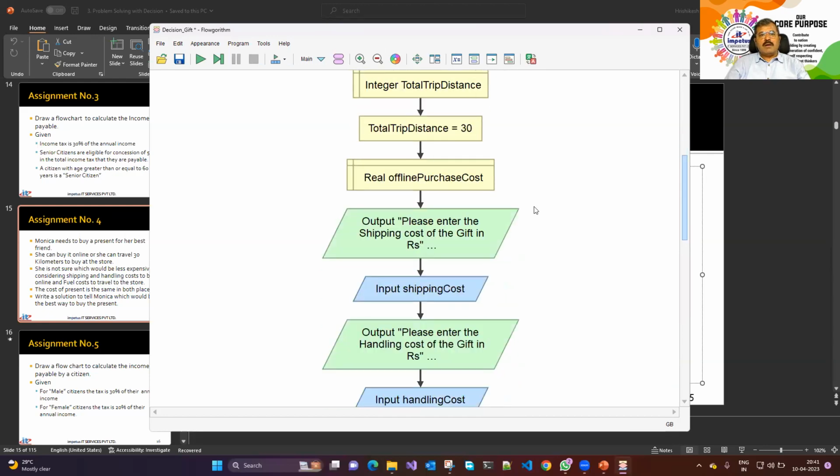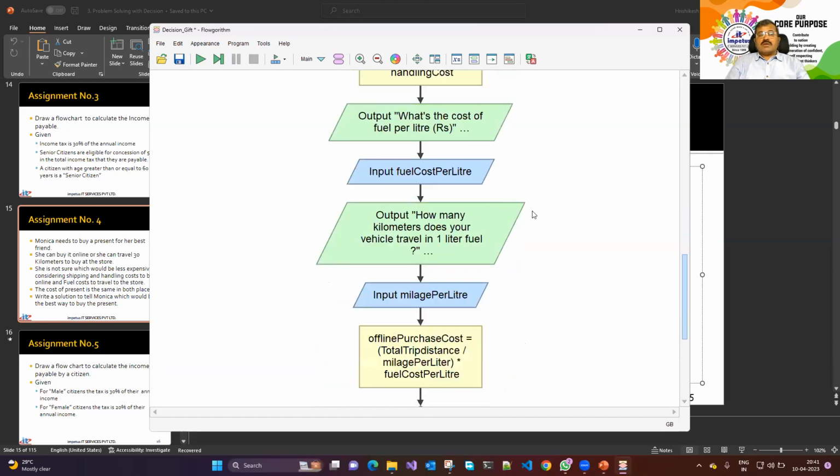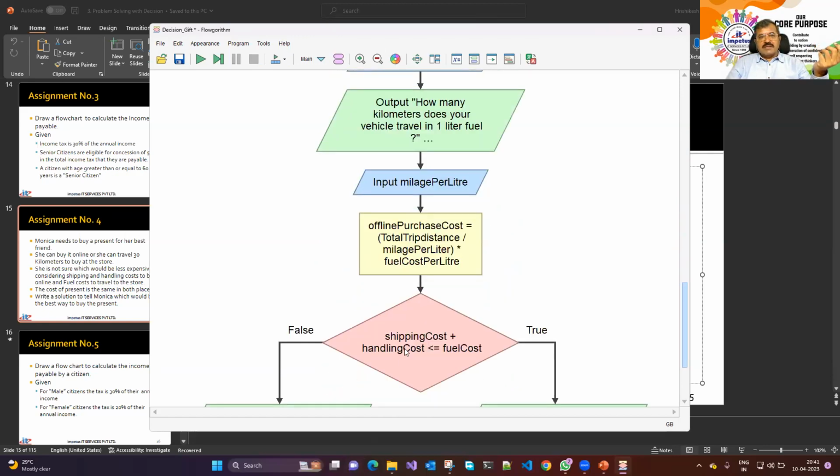The cost of the gift is the same in either case. Now we'll check the condition over here.